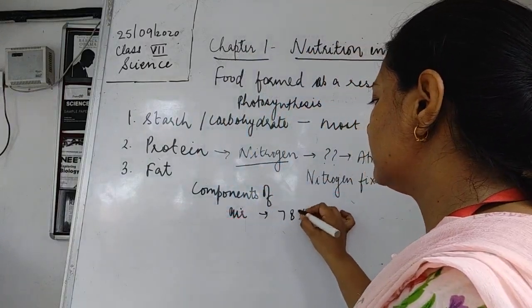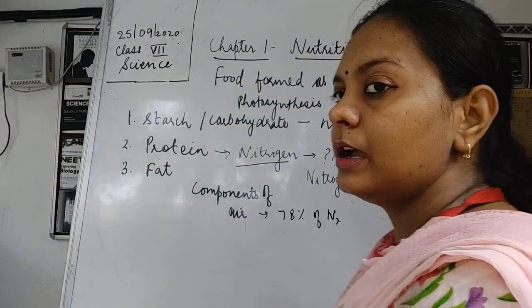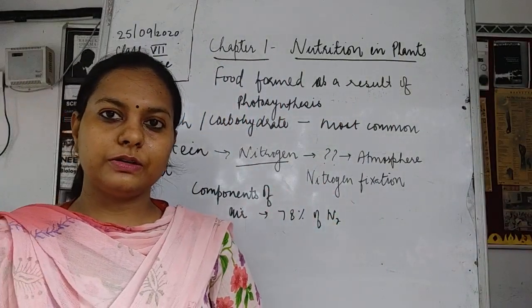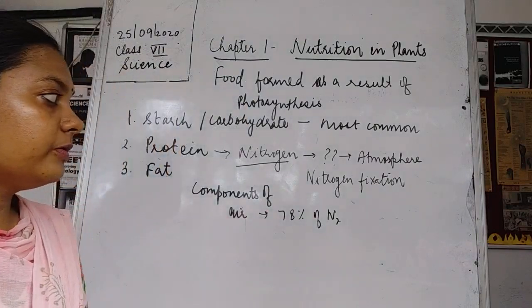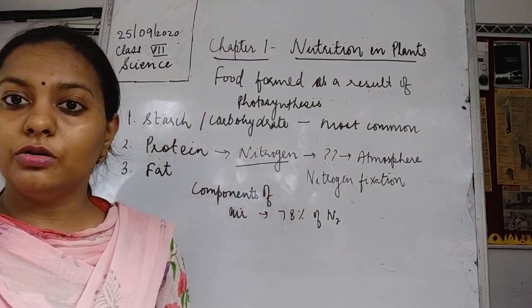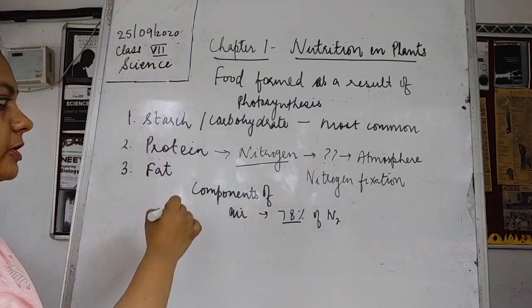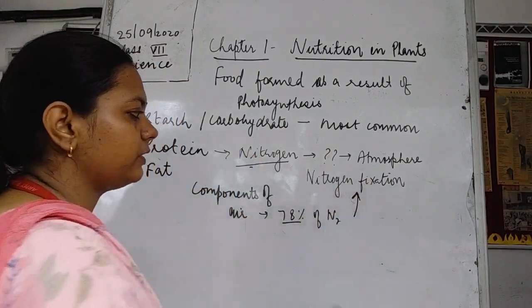There is 78% nitrogen present in the atmosphere. But is all of this 78% helpful in the formation of protein? No. Only a very small amount of this nitrogen is responsible. It helps in the formation of protein by the process of nitrogen fixation.